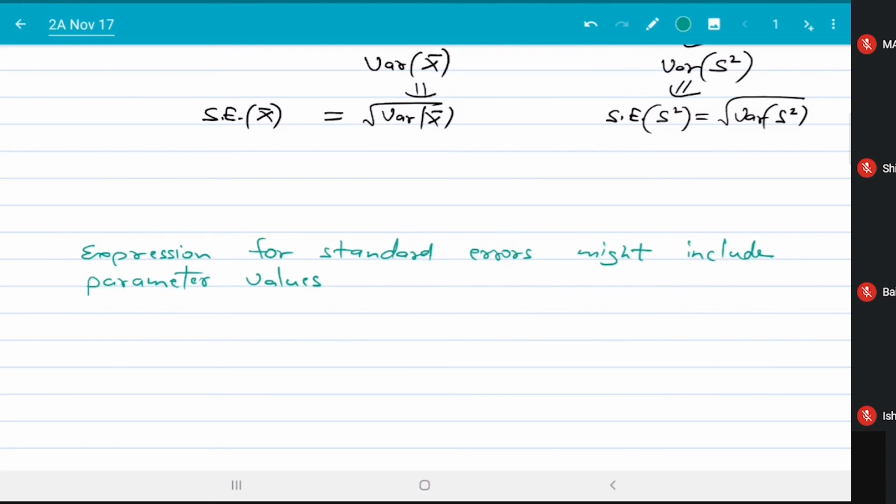Okay, the expression for standard errors might include parameter values themselves. Obviously, we won't have true parameter values.